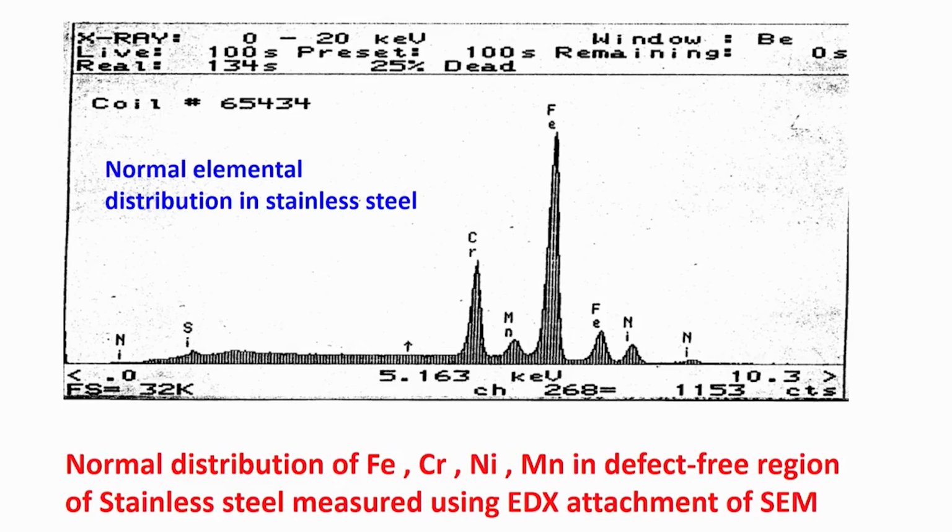Earlier we showed how normal steel looks. Iron has the highest peak of X-ray because iron is relatively large in concentration in any steel, and also in stainless steel, but because chromium is next, about 18% chromium, you find the chromium peak also relatively large.